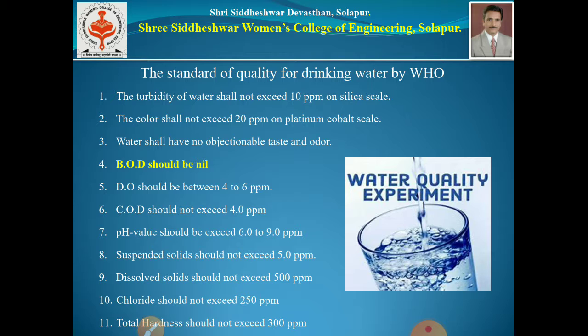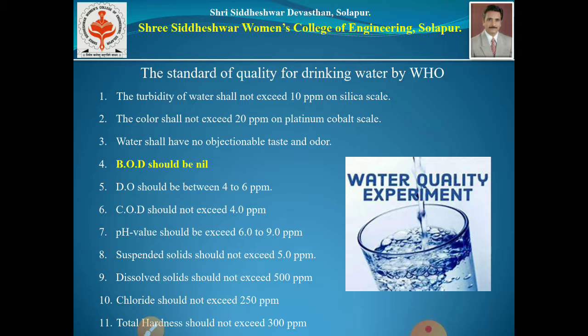It is measured on the silica scale and should not exceed 10 ppm, parts per million. What is the meaning of parts per million? It is one part of impurity, if turbidity is there, it may be a silica or clay particle, in 10 million parts of water.